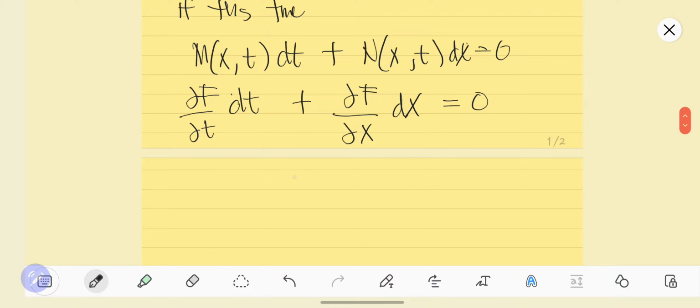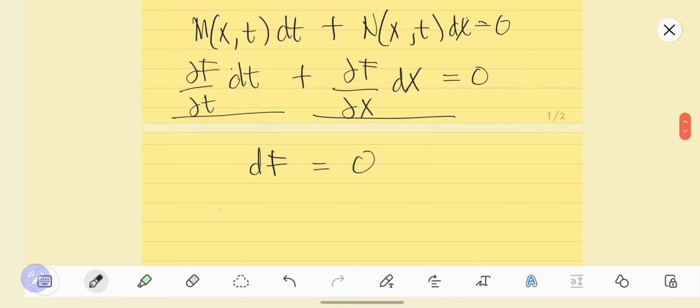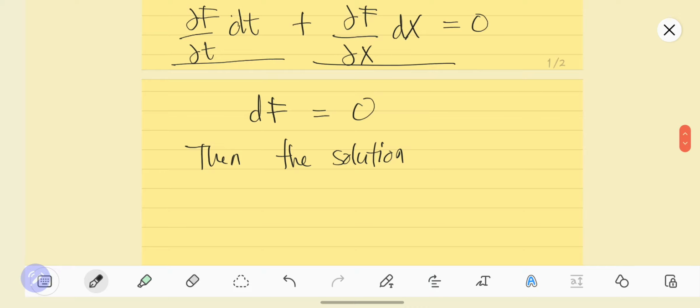Now the overall derivative of f is equal to 0, then the solution becomes f(x,t) = c.